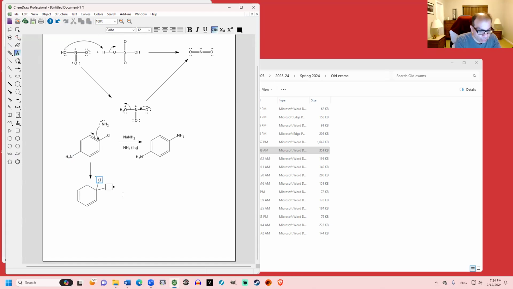Remember, these reactions are neither SN1 nor SN2. Can't make it quite as pretty as I would like, but you get this carbanion intermediate, which is resonance stabilized.